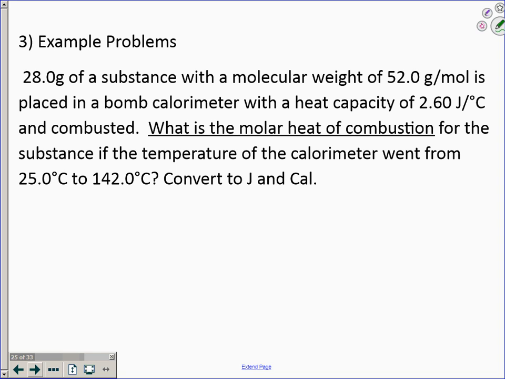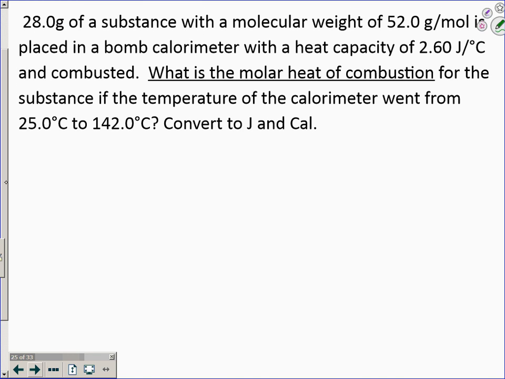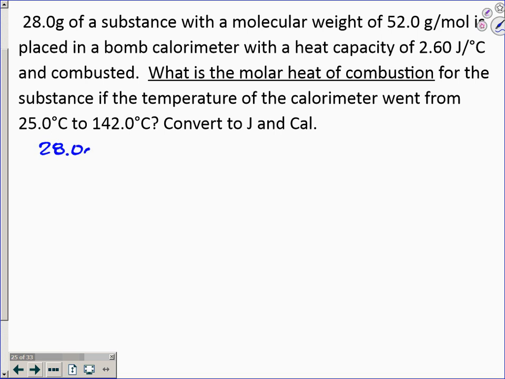Read, write down your givens first, and then we'll talk. What variable is that?